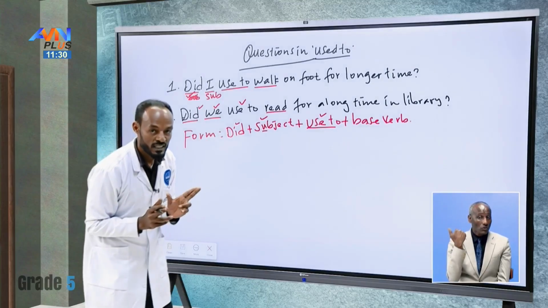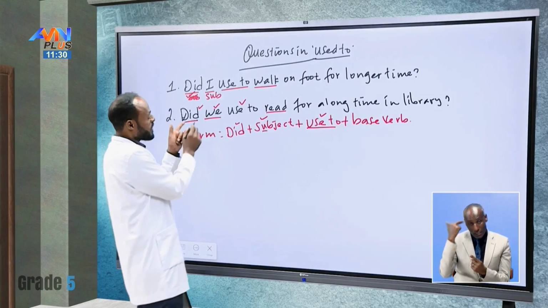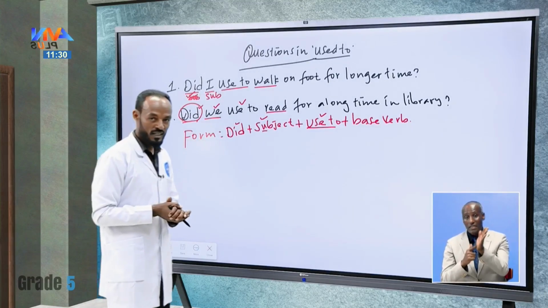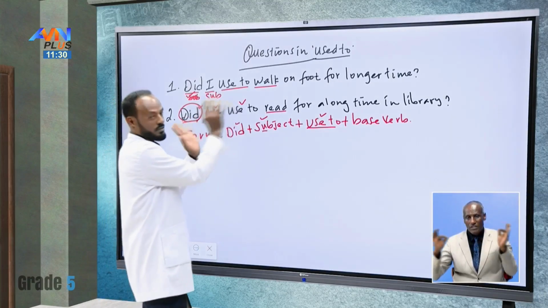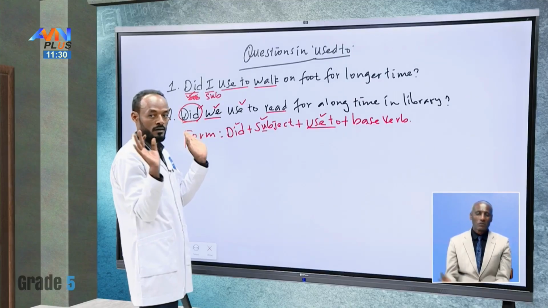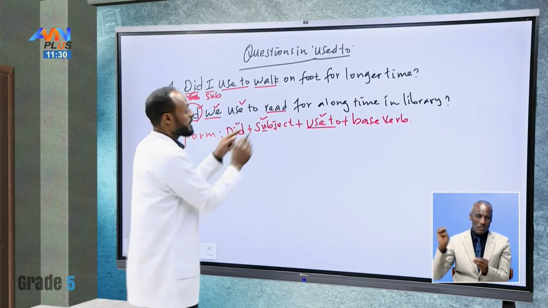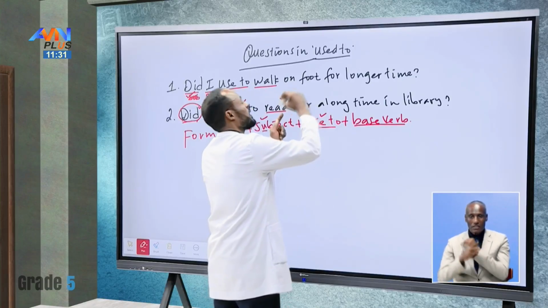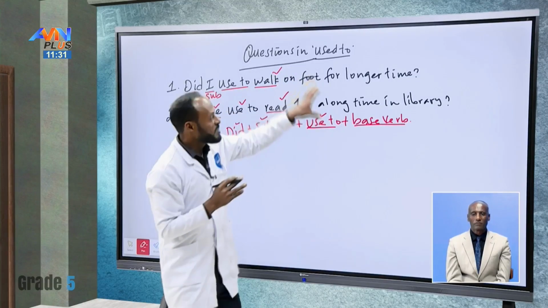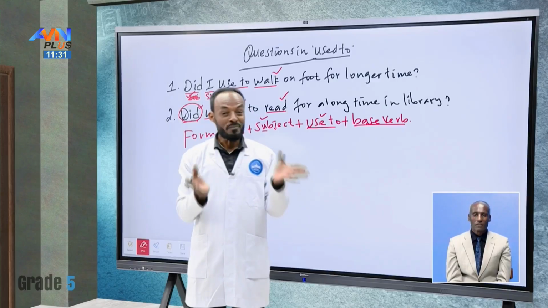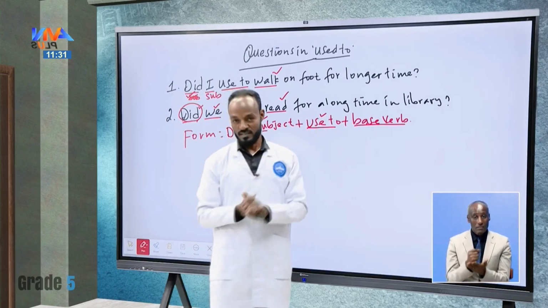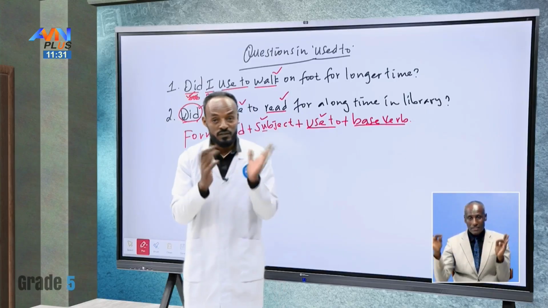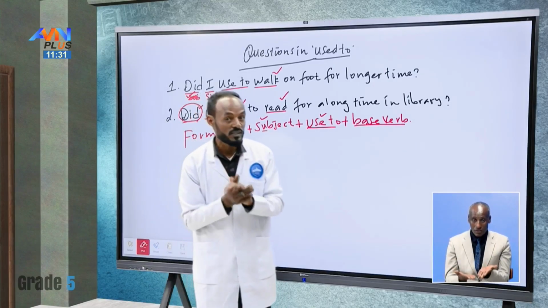Do you know the reason? The reason is that we put past indicator at the beginning of the sentence. Okay? So we cannot use another D or ED or past indicator. Bear your mind. Okay? Here another one is use to plus base verb. It is also base verb. This one can be said complementary. Something that we add to complete the sentence. Am I right? Good. So can I give you an activity?